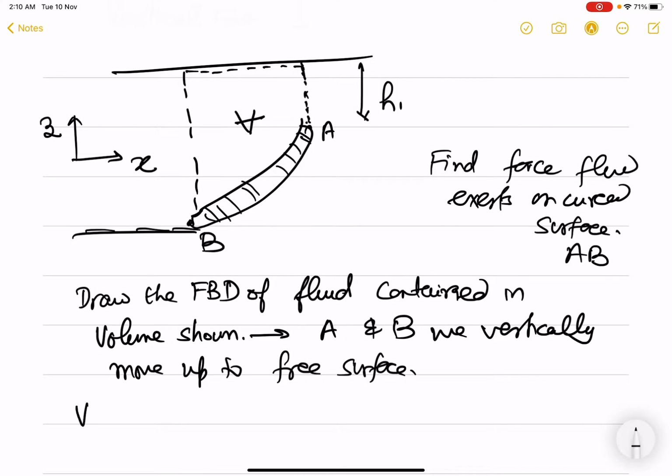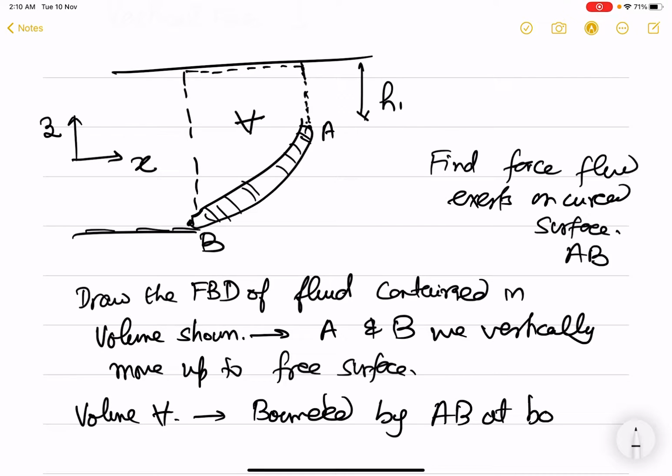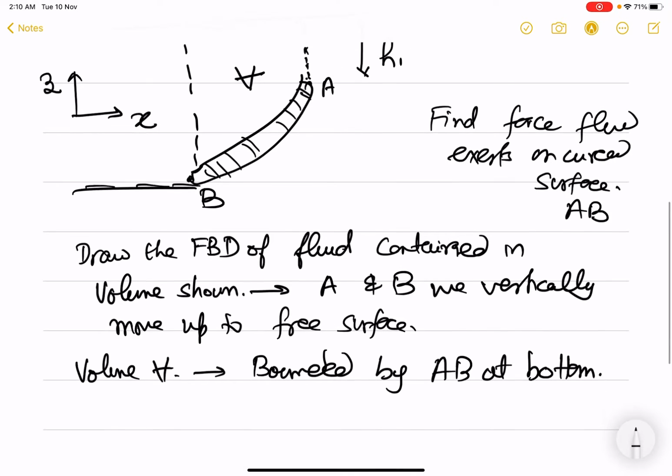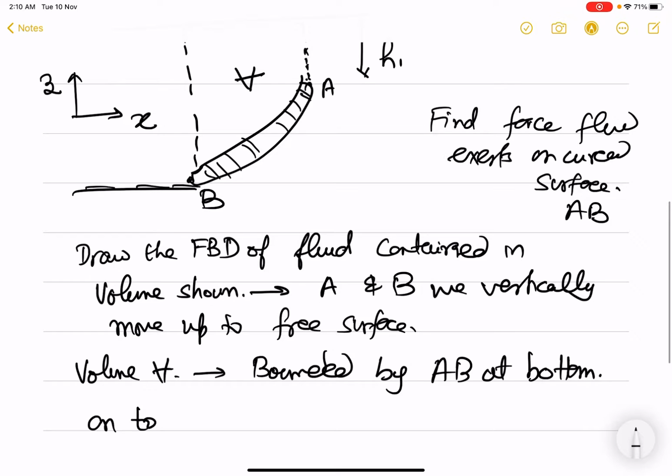So now volume V, which we are talking of, is bounded by the surface AB at the bottom. On the top, it has the free surface.